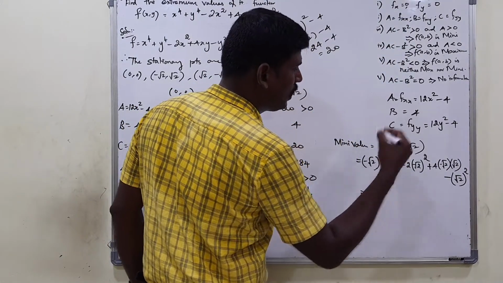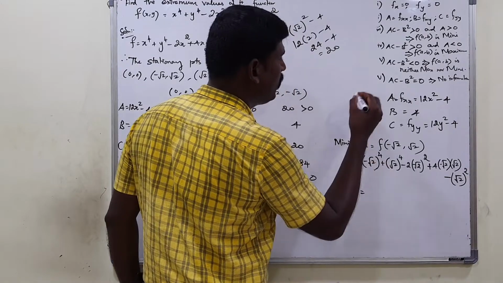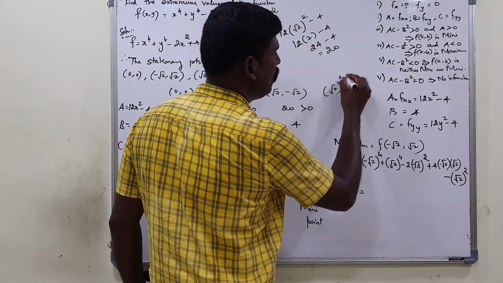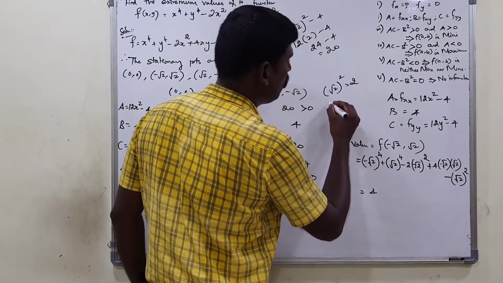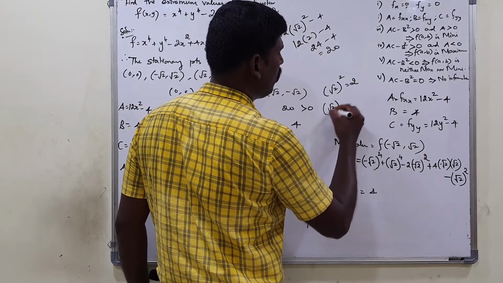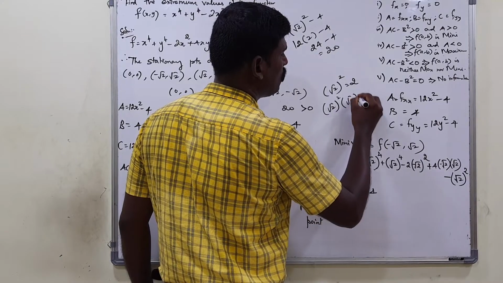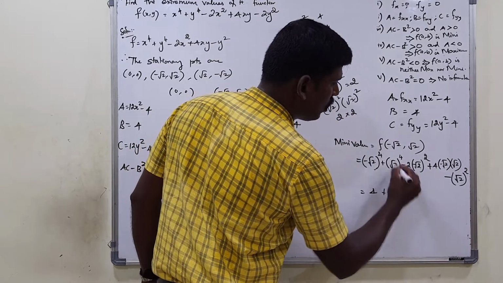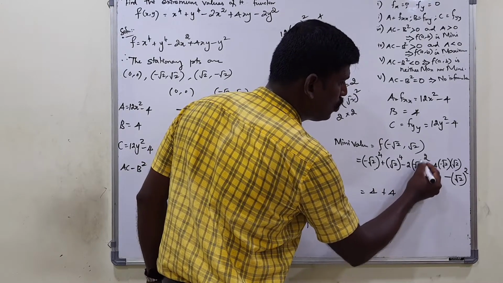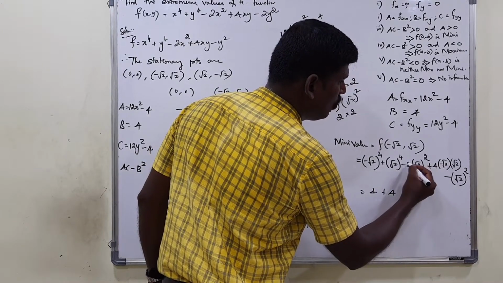Minus root 2 power 4 means it becomes plus. Root 2 square means 2. Root 2 square is 2. So 2 into 2. It becomes 4. Isn't it? Root 2 square into root 2 square. Isn't it? So root 2 square is 2 into 2. So 4. This also becomes 4. This becomes 2. This becomes 2.